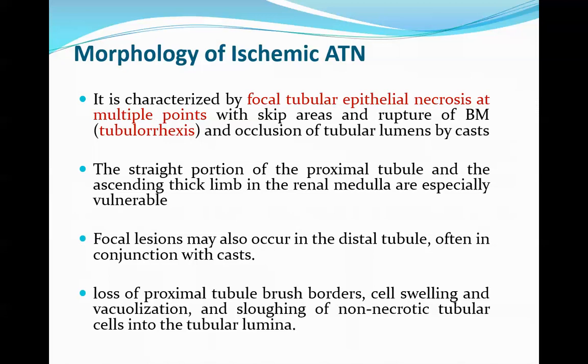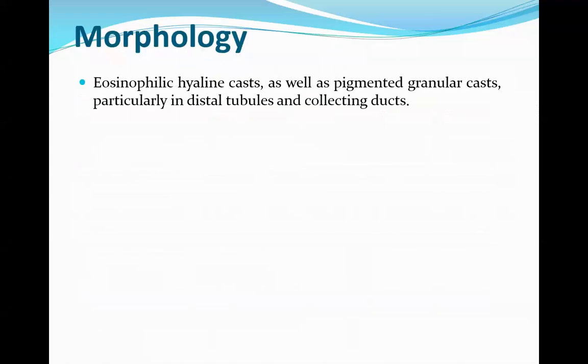Loss of proximal tubule brush borders, cell swelling and vacuolization, and sloughing of the non-necrotic tubular cells into the tubular lumen can cause decrease in GFR. So what happens here? The eosinophilic hyaline cast and pigmented granular cast, particularly in the distal tubules and collecting duct.